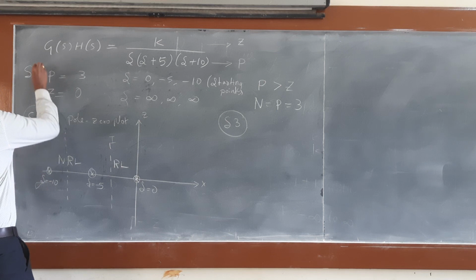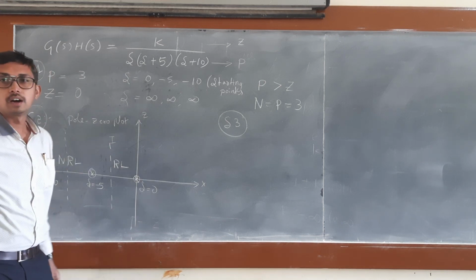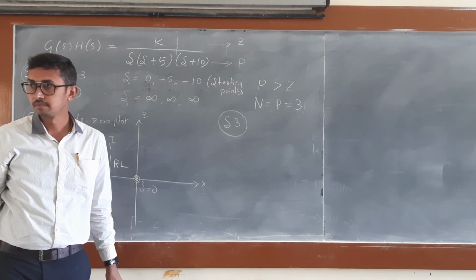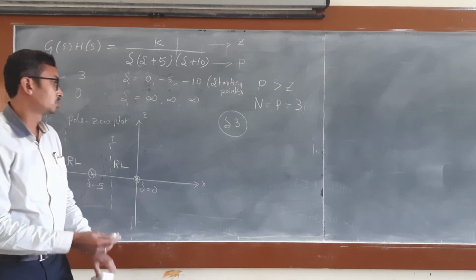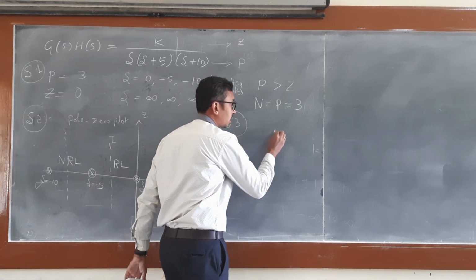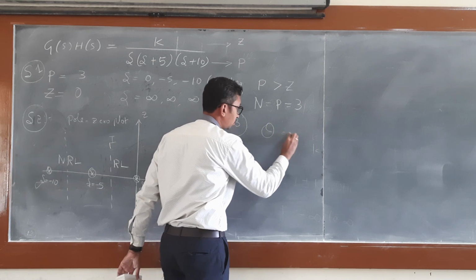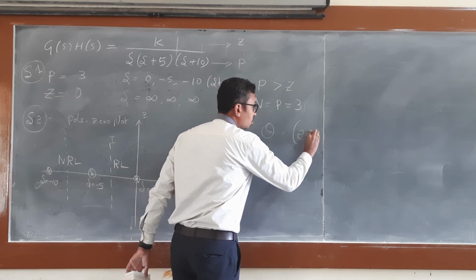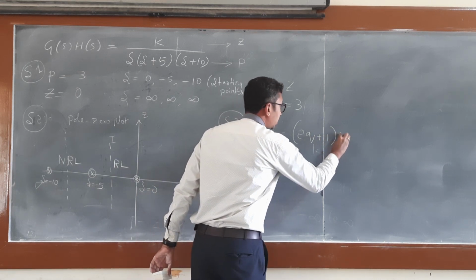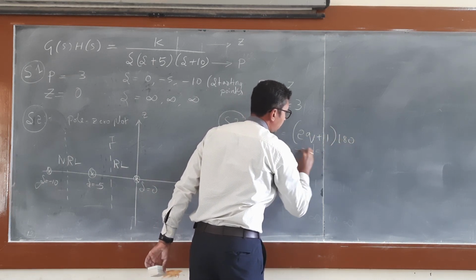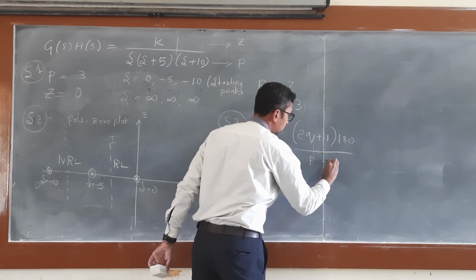So we need to find out the angle of asymptotes. Is it right? Yes, correct. So we need to find out the angle of asymptotes. What is the formula to find out the angle of asymptote? Theta is equal to (2q plus 1) times 180 divided by (P minus Z).